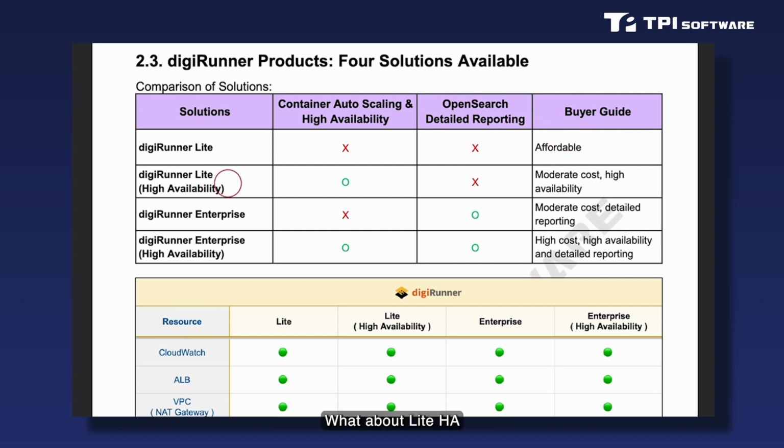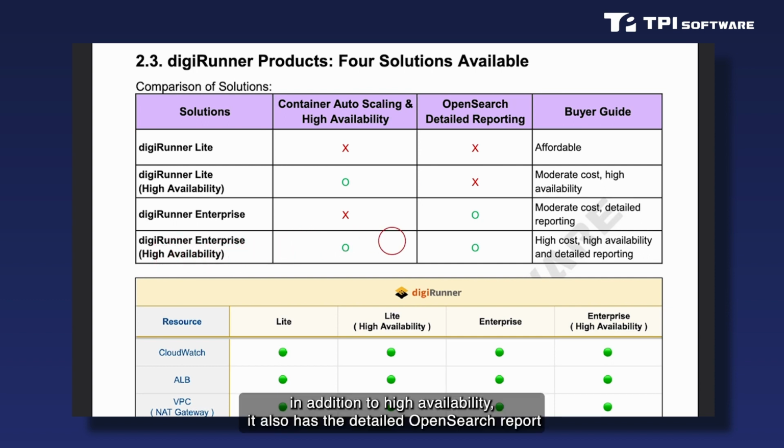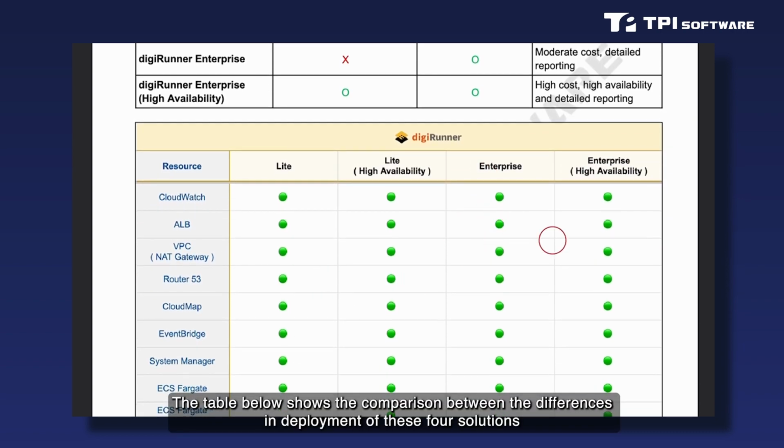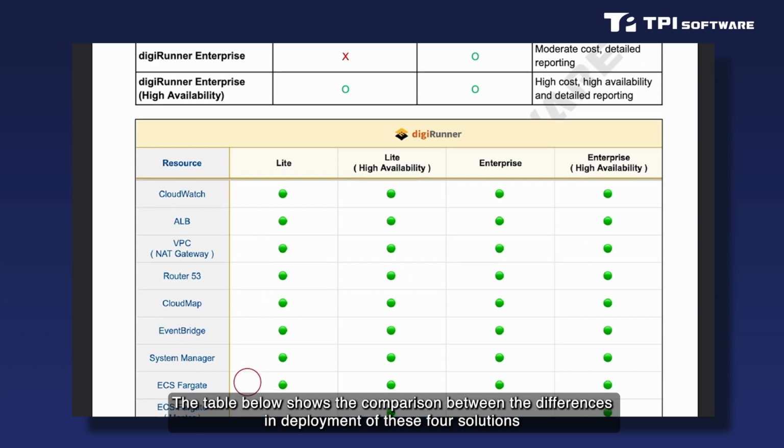What about Lite HA? It has additional high availability. As for the Enterprise version, it has the open search report. And for Enterprise HA, in addition to high availability, it also has the detailed open search report. The table below shows the comparison between the differences in deployment of these 4 solutions.